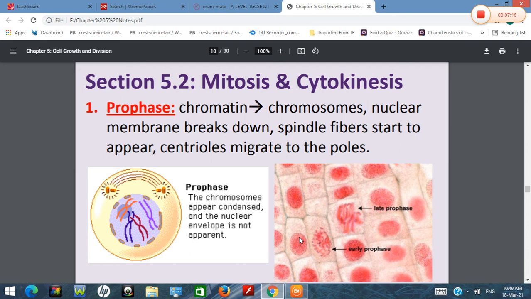So the nuclear membrane breaks down or disappears, and then the nucleus disappears, and then the centrioles, the centrosome above the nucleus, migrate to each pole, and each one of these two centrioles starts producing spindle fibers.